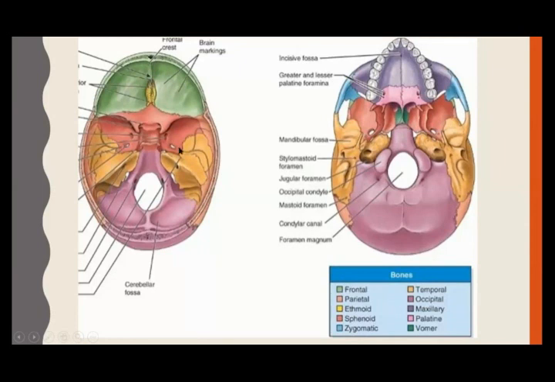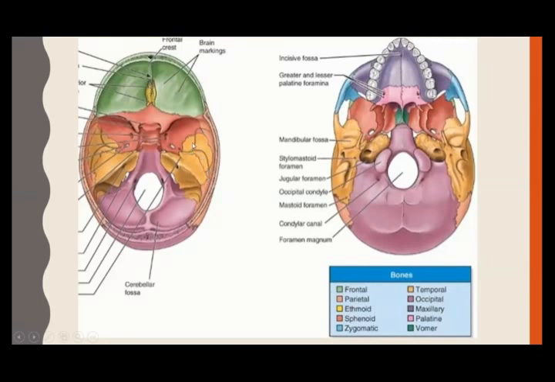So this middle meningeal artery arises from outside. It arises from the maxillary artery on the face, enters the foramen spinosum and enters the skull. This is the middle meningeal. It divides into two branches, anterior branch and posterior branch.